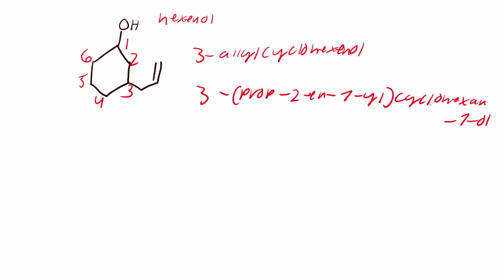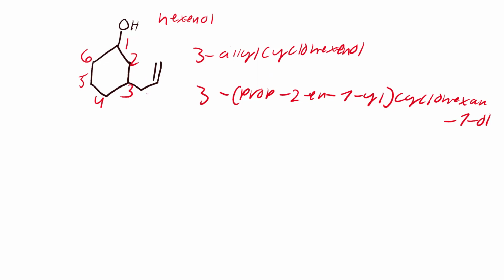It might show up on the exam. If anything, for this kind of study tip, I would just vaguely remember that prop-2-en-1-yl is for an allyl, because allyl has the YL. The prop would have to be 3 carbons. It has an en, so it's double bonded.